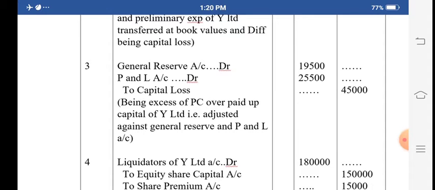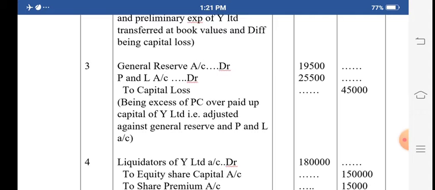The narration: excess of purchase consideration over paid up capital of Y Limited is adjusted against general reserve and profit and loss account.